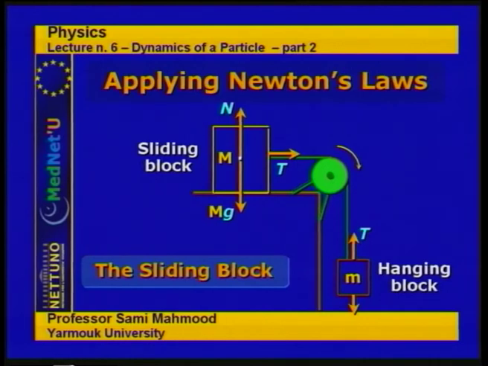So those are the three forces acting on the sliding block. Two of them are in the y direction, one in the positive y direction and the other in the negative y direction. And the third force, which is the tension, is pointing rightward.